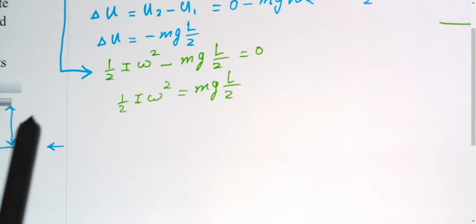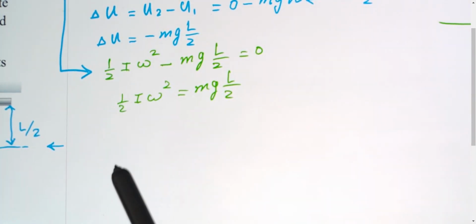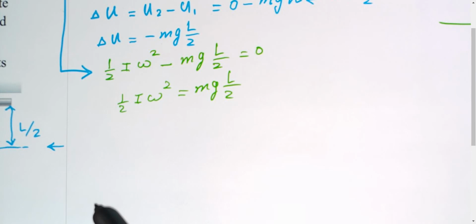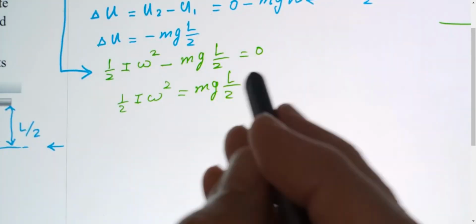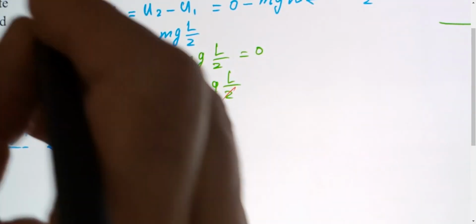Okay, can I solve this equation and find the angular velocity? Of course, I just put in the numbers. First of all, half will go with half.